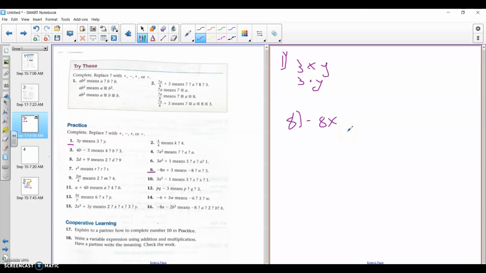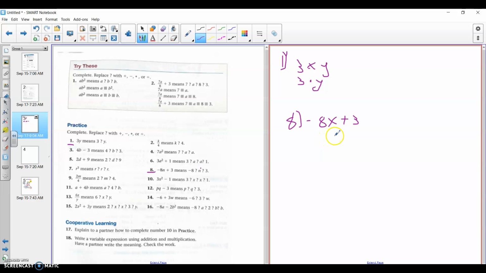So negative 8x, and then we have to, between the n and 3, figure out what we're going to put there. Well, that's pretty simple because it's just a plus. So you're just going to say addition sign and 3. That is all you have to do. It's that simple on number 8.